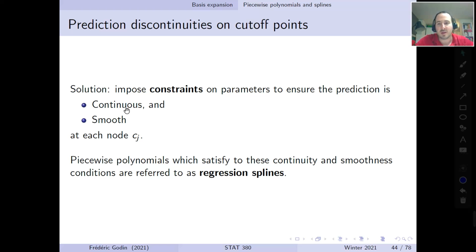We'd like to have continuity and smoothness not only between the knots but at the knots also. So we can define piecewise polynomials which satisfy these constraints, and these are typically referred to as regression splines. Regression splines are piecewise polynomial predictive functions which meet some constraints related to continuity and smoothness.